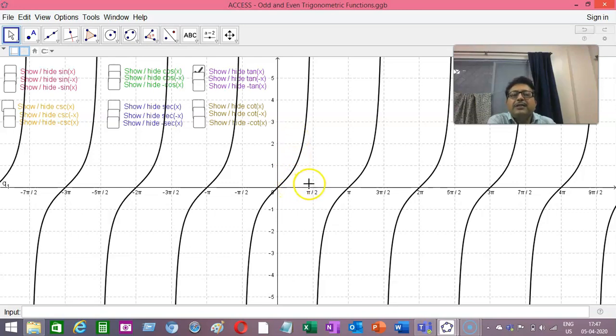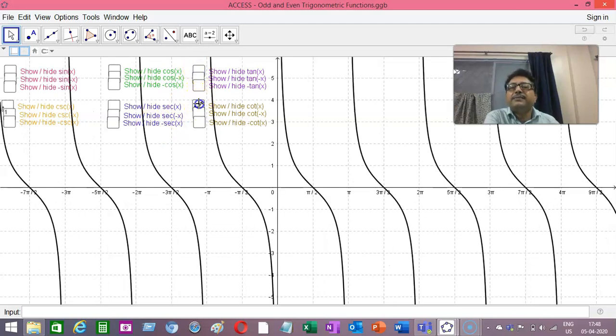So tan x function will not be continuous at the point pi by 2, because the graph can never intersect this line x equal to pi by 2. This line is supposed to be the asymptote to this curve. It will meet the curve at infinity. It passes through pi, then there is another asymptote 3 pi by 2 here, 5 pi by 2 here. It's like this.